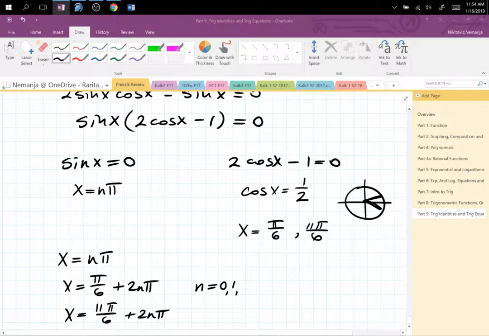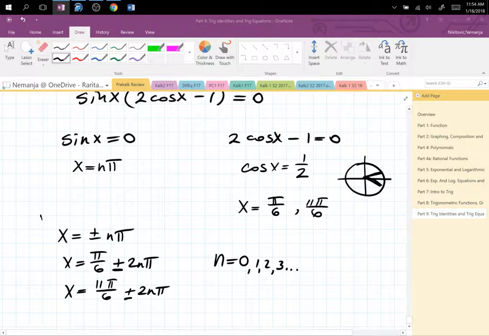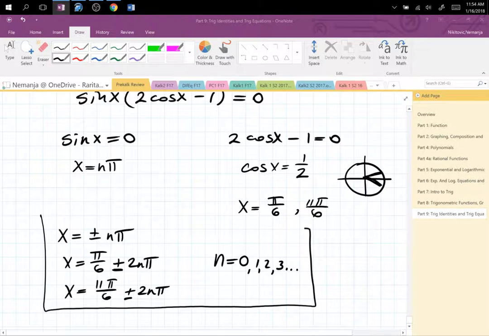Ooh, I need to put plus minus now, because I didn't put the plus minus in the formula. Actually, let's put it in the formula so it's easier. Plus minus n pi over here. Infinitely many solutions for all of these.